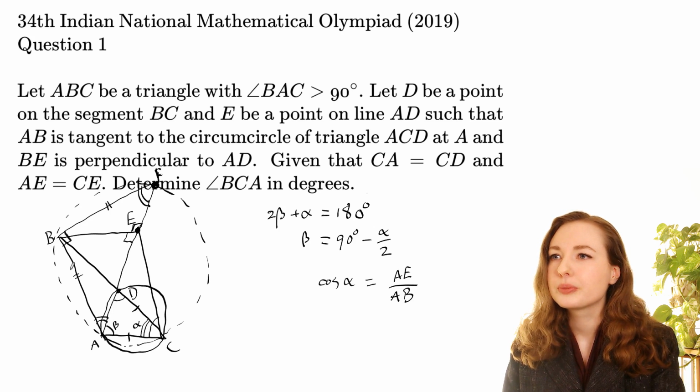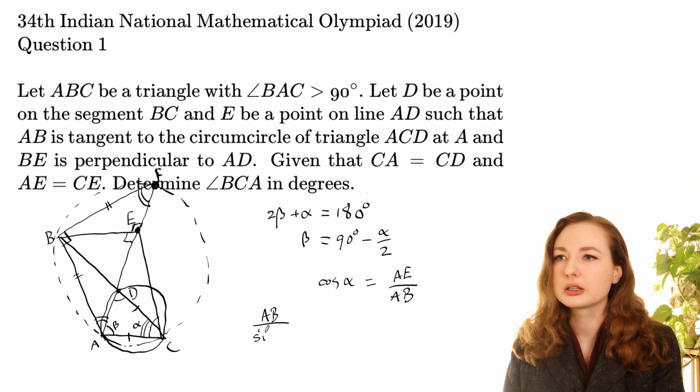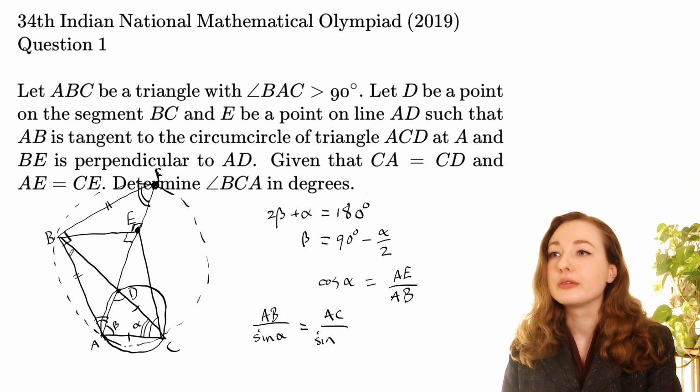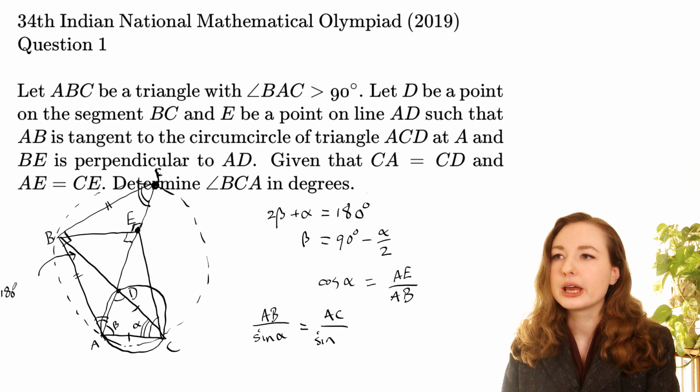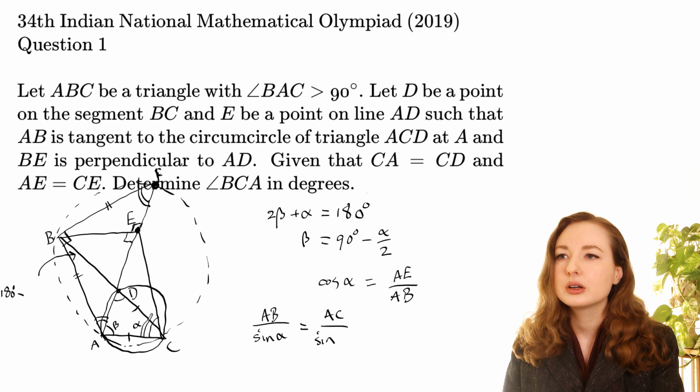Okay, so in this triangle, I want to have AB, so I'm applying sine rule. AB over sine alpha is AC over sine of whatever this angle is. So let's work out that one: 180 minus the other two, that plus that, and that's alpha as well. So it's going to be 2 alpha plus beta.